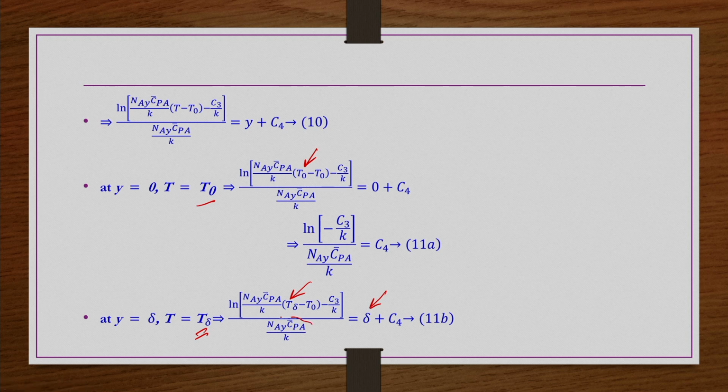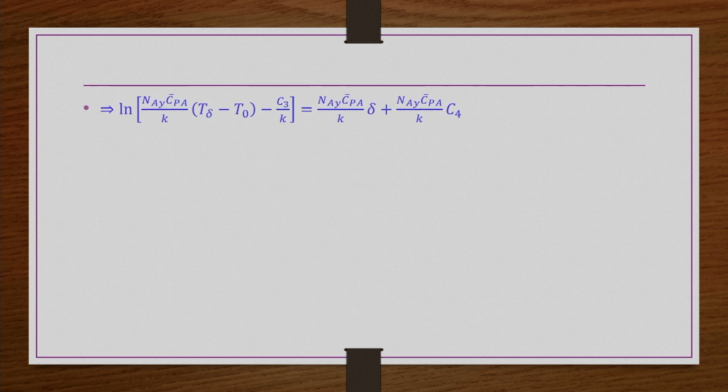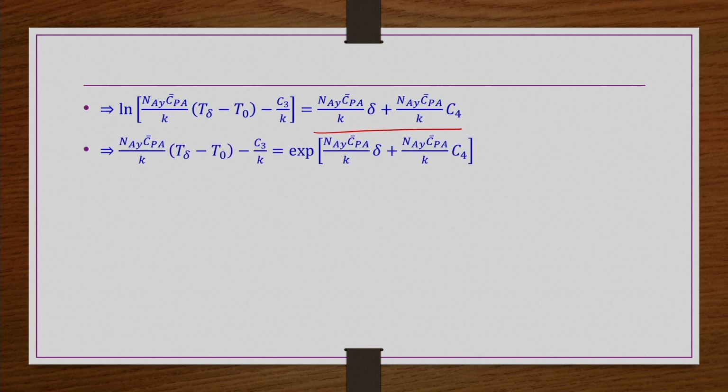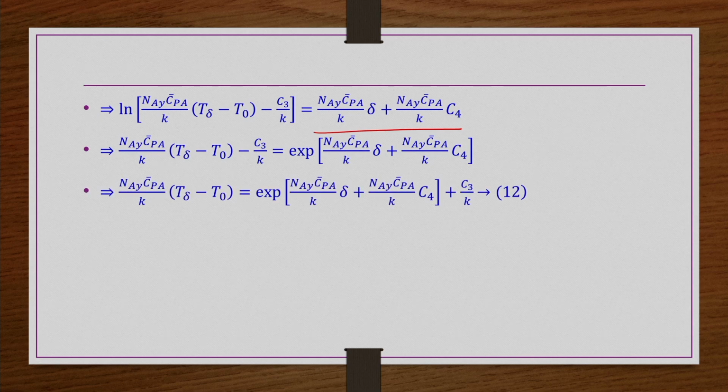So, now what we do, we take this term to the right hand side, so that in the right hand side we have this one, right. Next step, we are writing the exponential rather than writing in ln terms. So, then this is what we have. Next step, we are taking this C3 by k to the right hand side, right.